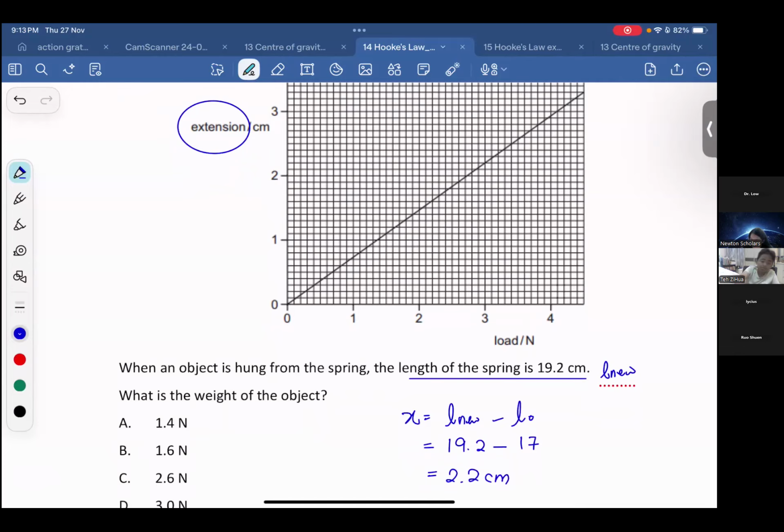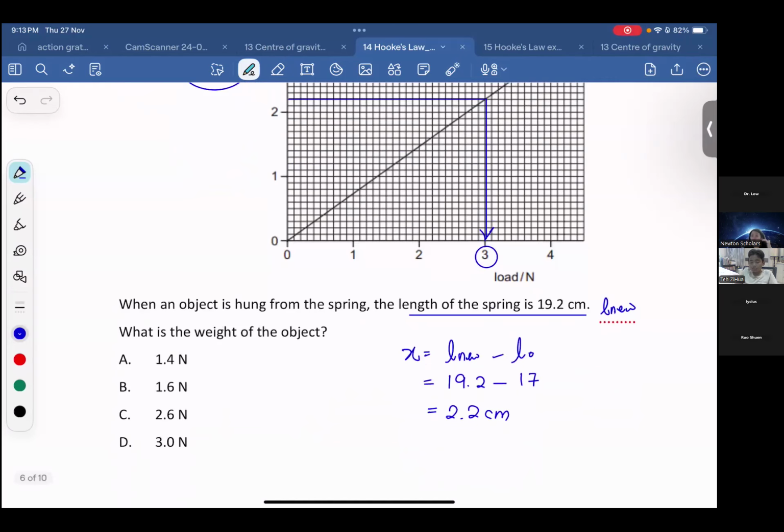Angeline, correct? So 2.2 extension means it is somewhere here. From here going down, the answer should be 3.0 Newton.